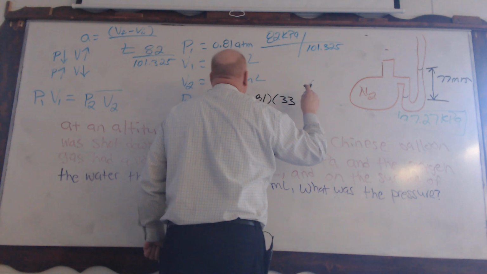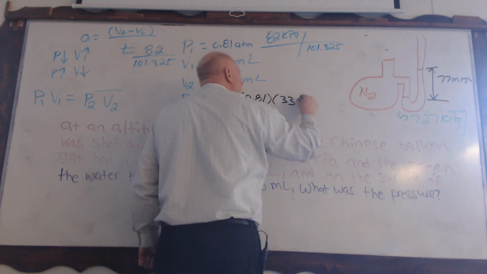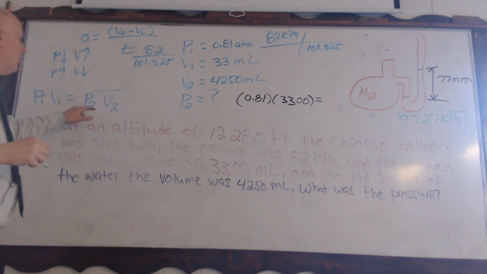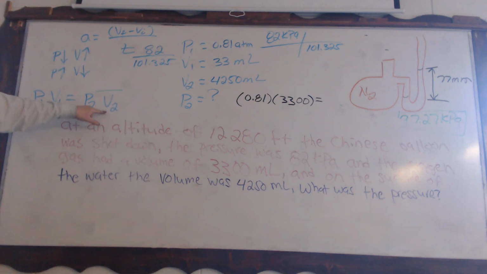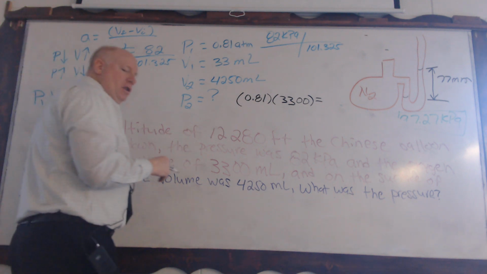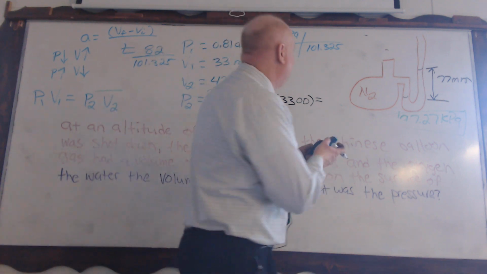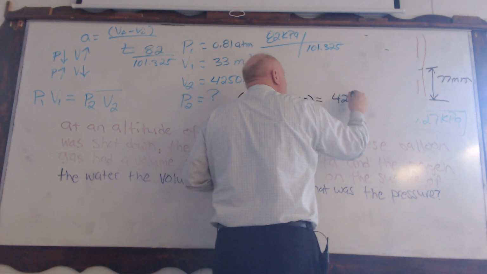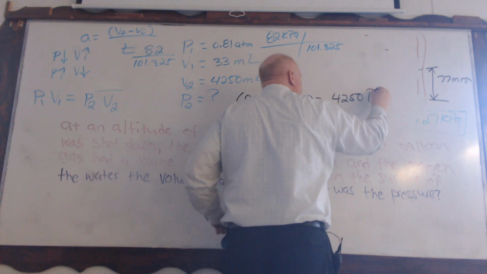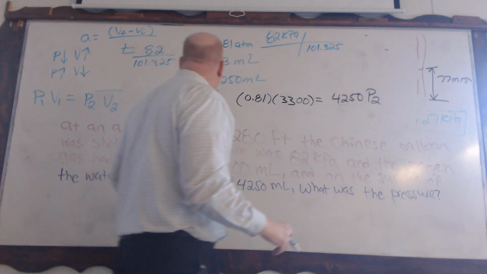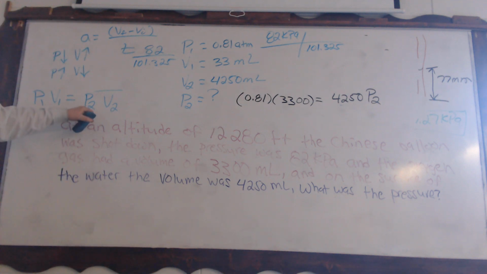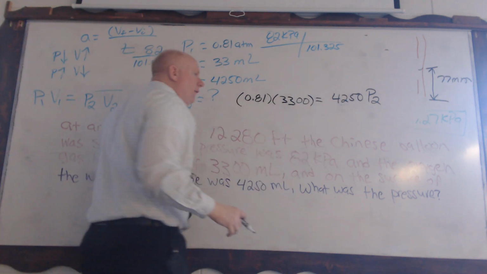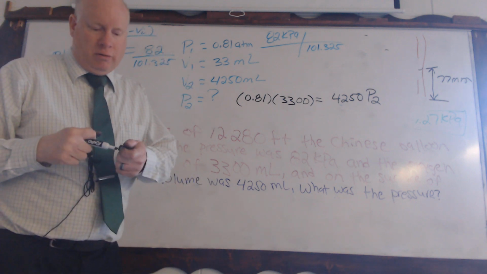Not even liters, that's hectoliters, 3,300, equals, so what's on our right-hand side? What is our second volume? 4,250. And then P2, that's what's left over. So once you multiply these two, divide by 4,250, you will have your new pressure.